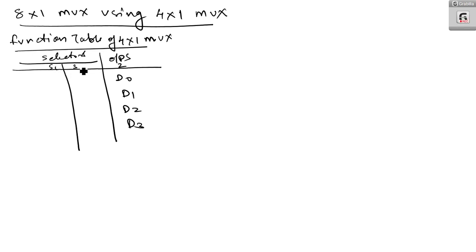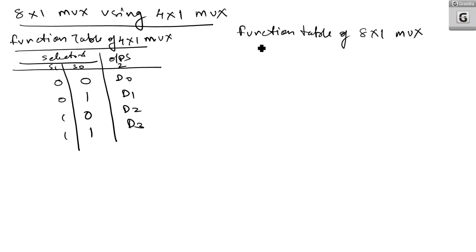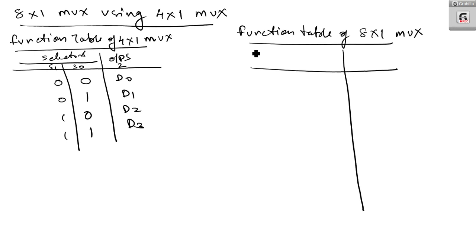S1 and S0 are two selectors, so you have 0, 0, 0, 1, 1, 0 and 1, 1. Now if I am writing the function table of 8x1 mux, let us check how it looks. So you are having selectors.